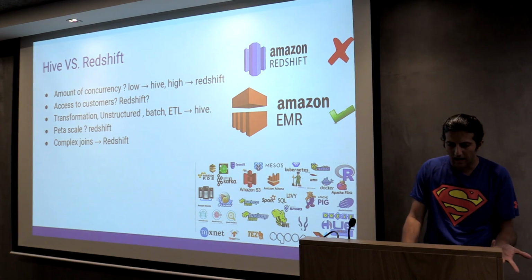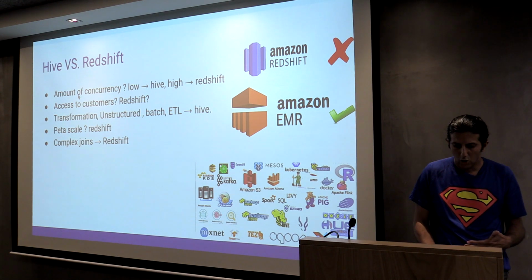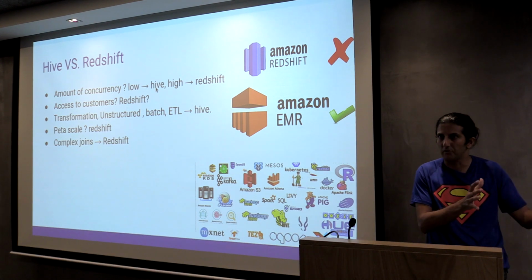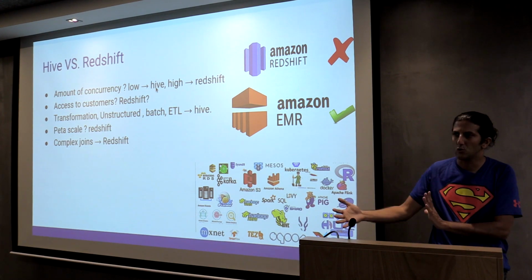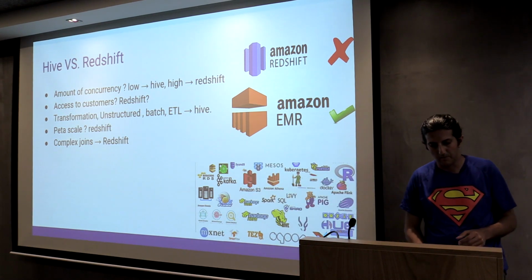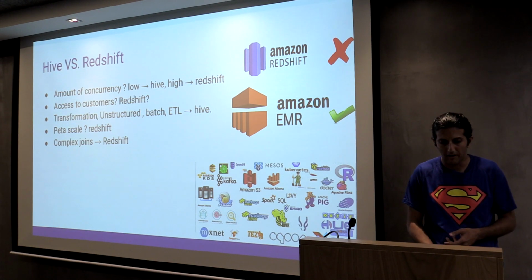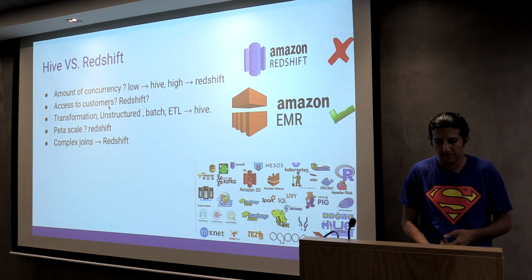What happens for Hive versus Redshift? When you need a low amount of concurrency, use Hive, because it's for jobs that run during the night, not to handle a large-scale data science team. If you need a high amount of concurrency, use Redshift. If you need customer access, use Redshift.